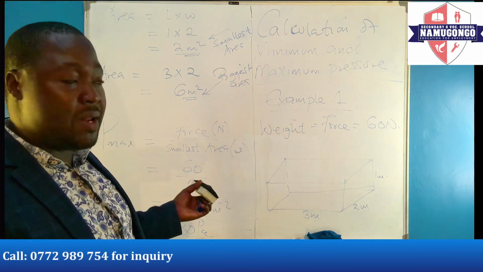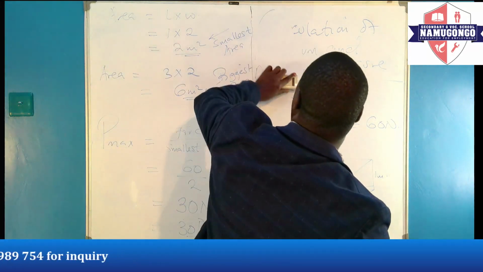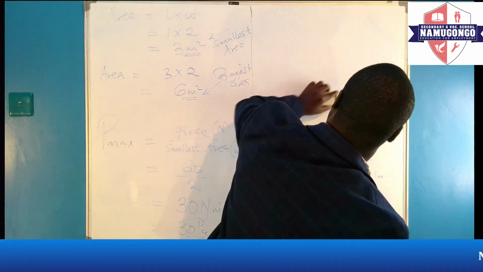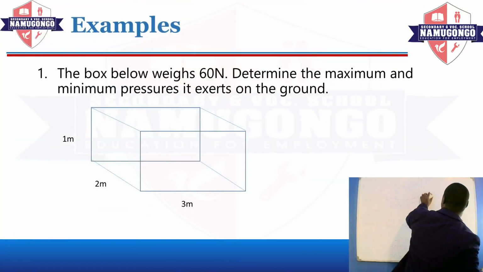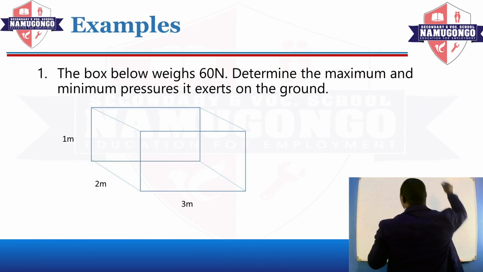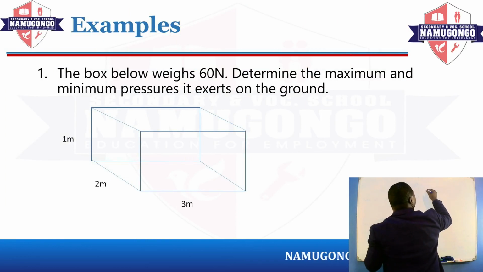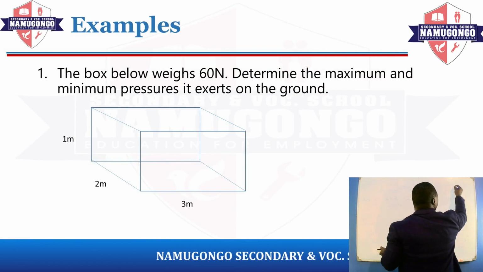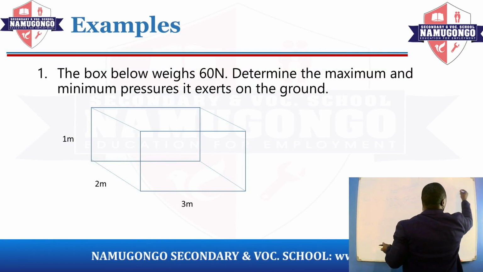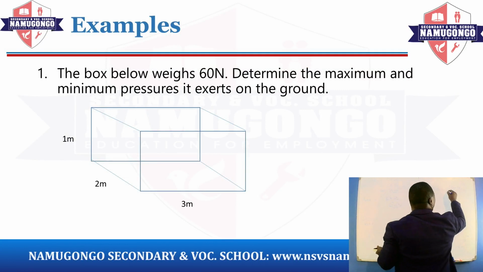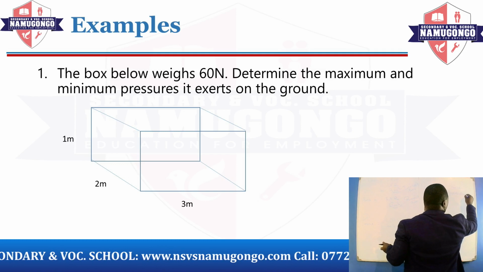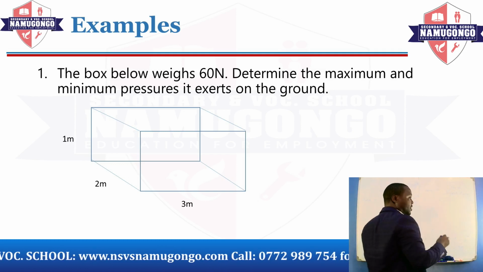Now what about minimum? For us to get the minimum pressure, we are going to look at the biggest area. So our minimum pressure is still the force divided by our largest or biggest area. But the force remains the same.